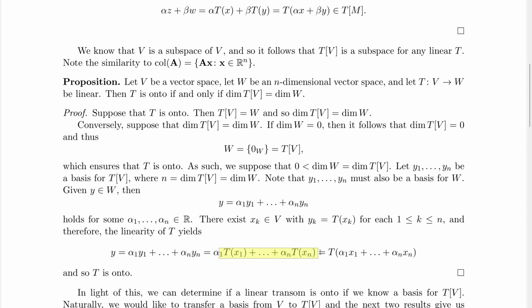And then the linearity lets us pull in the linear combination, and there we go. Every element of W is an output for the mapping T, and thus we are onto. All right, beautiful. Cool. All right, so there we go. We did it. Pretty exciting.